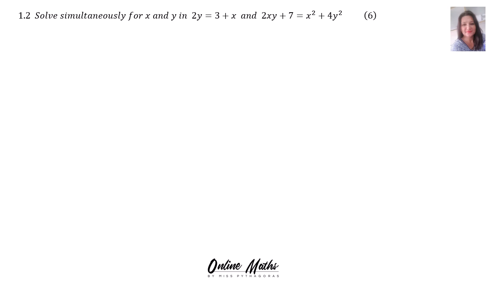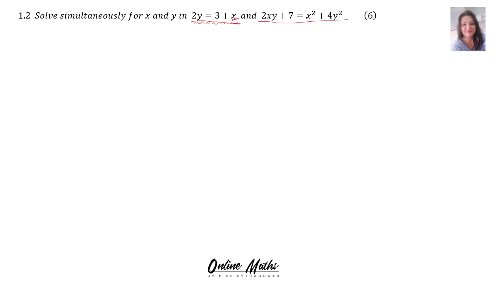On number 1.2, we need to solve simultaneously for x and y, and then they give you 2 equations. That's a straight line, and that is a circle. So my advice to you is, in your easiest equation of the two, get either x or y alone.